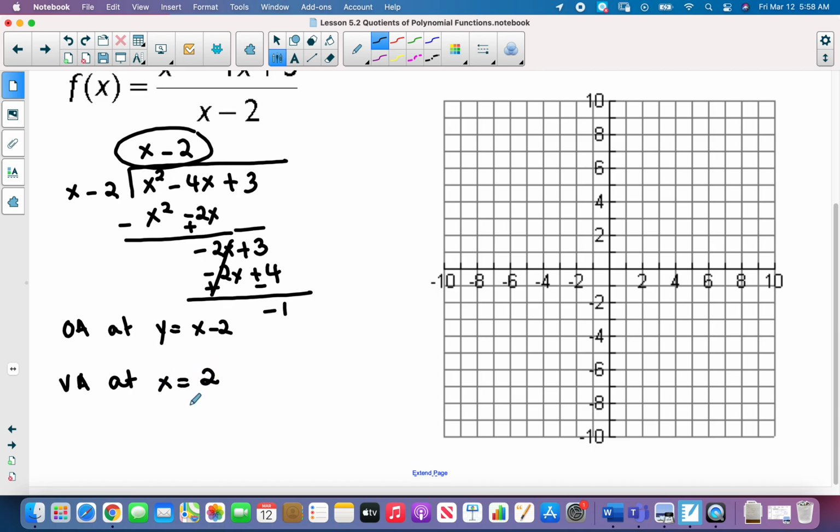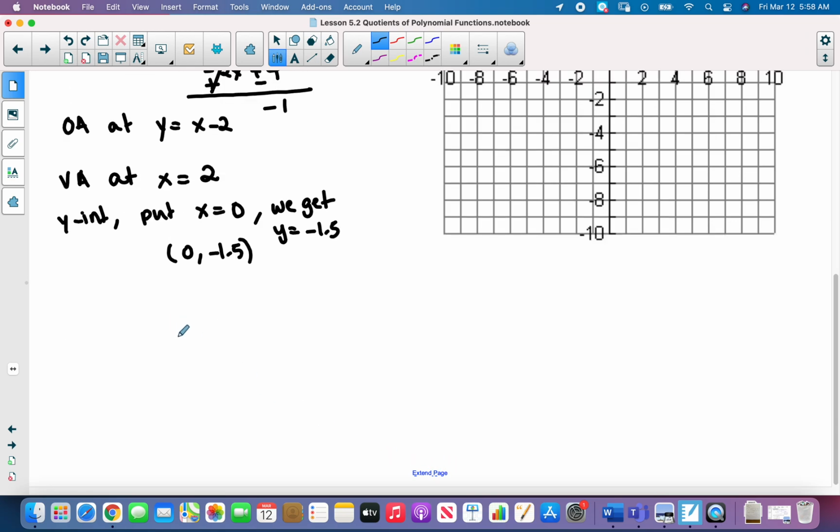And if you wanted to find the y-intercept, put x equals 0, and we find that the y-intercept is negative 1.5. So the coordinates are 0 and negative 1.5. We have a point like that.